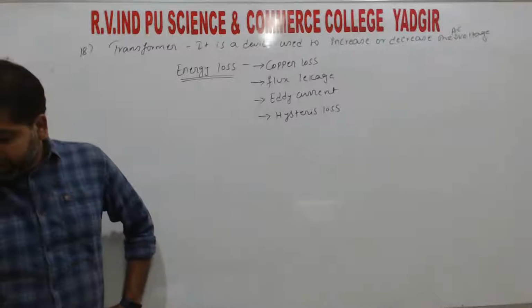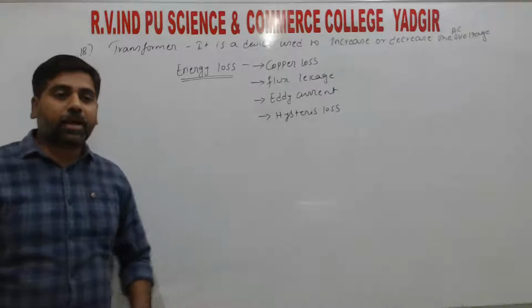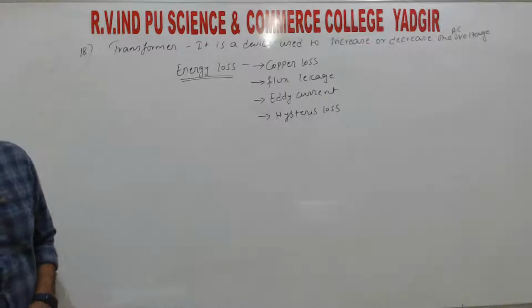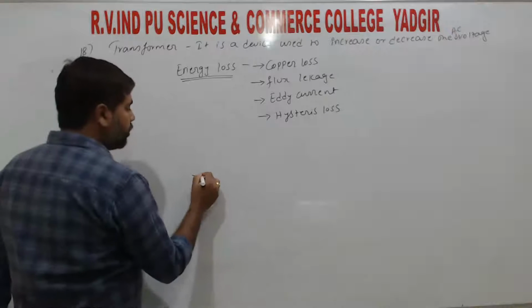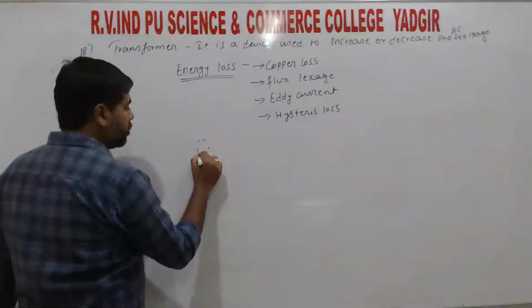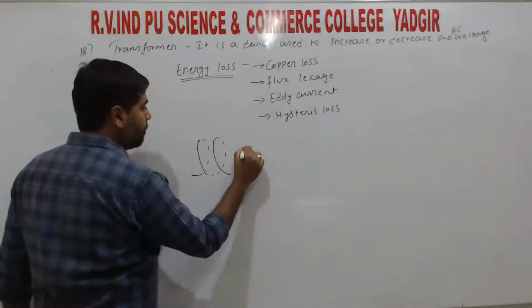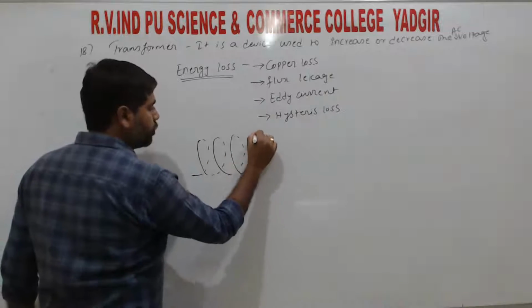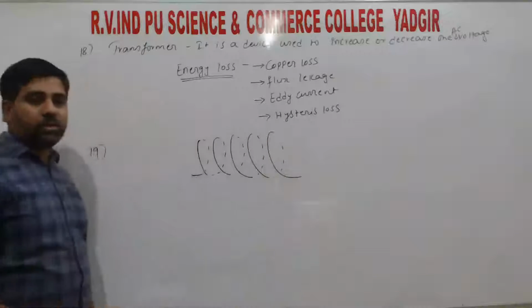19th question. Explain briefly the coil and magnet experiment to demonstrate electromagnetic induction. For the coil and magnet experiment, first we need to consider one coil. This is the coil.